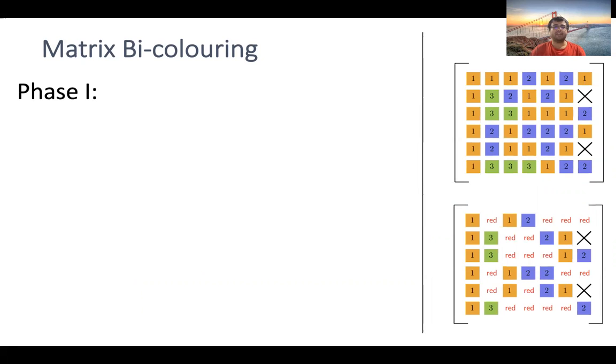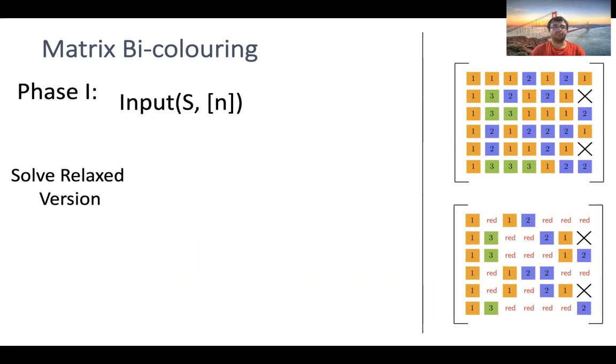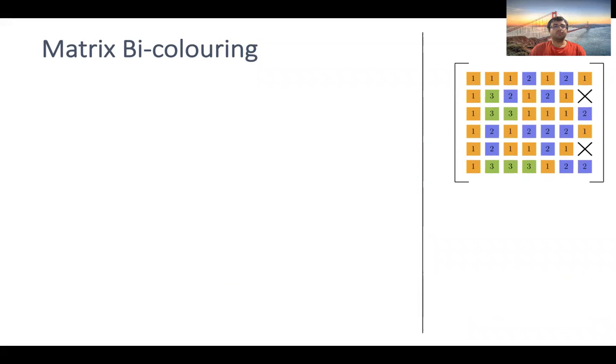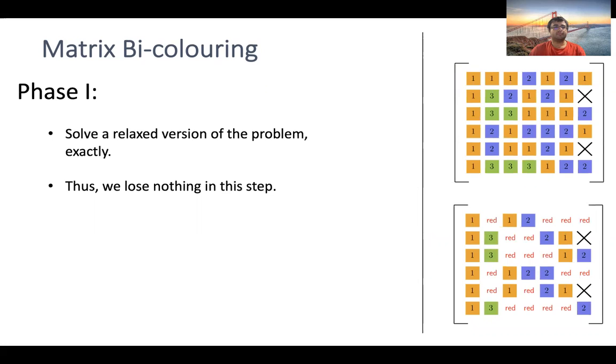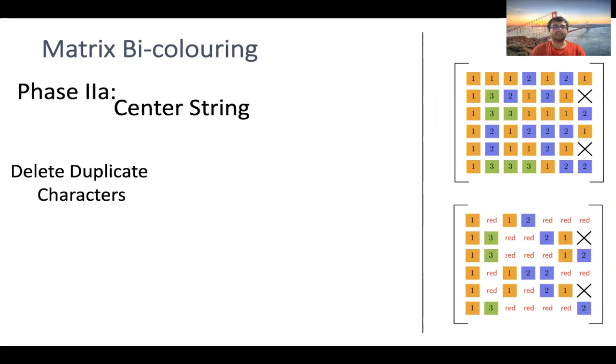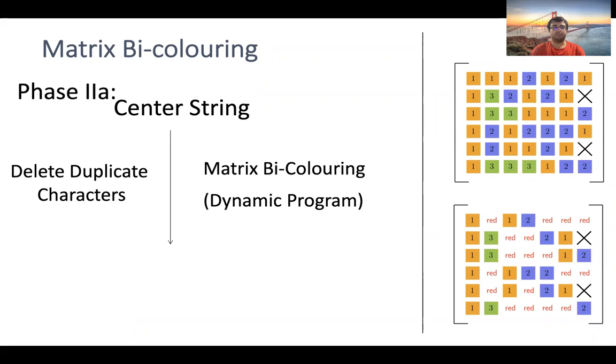So what have we exactly been doing? In phase 1, we solved a relaxed version through a dynamic program, and since we solved a relaxed version, we actually lost nothing. In phase 2, we first delete duplicate characters through a dynamic program.